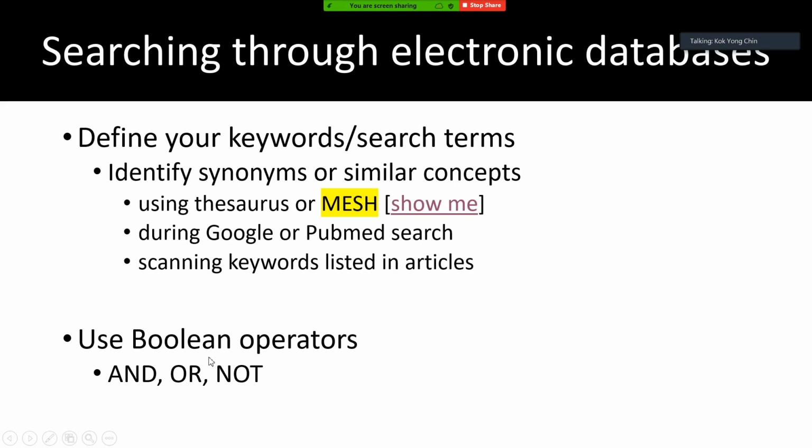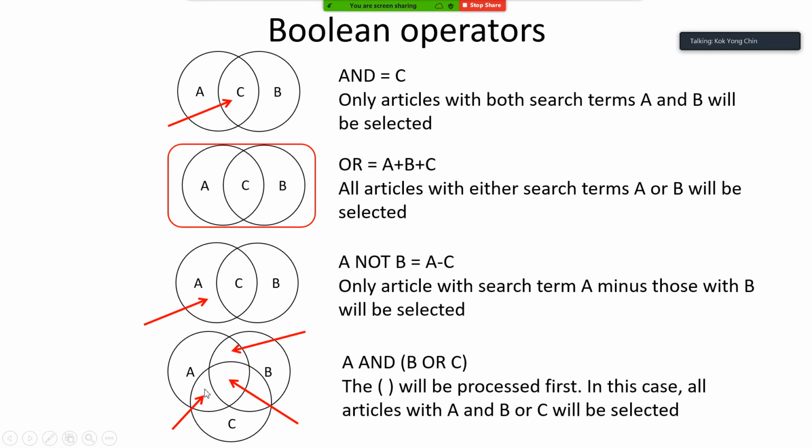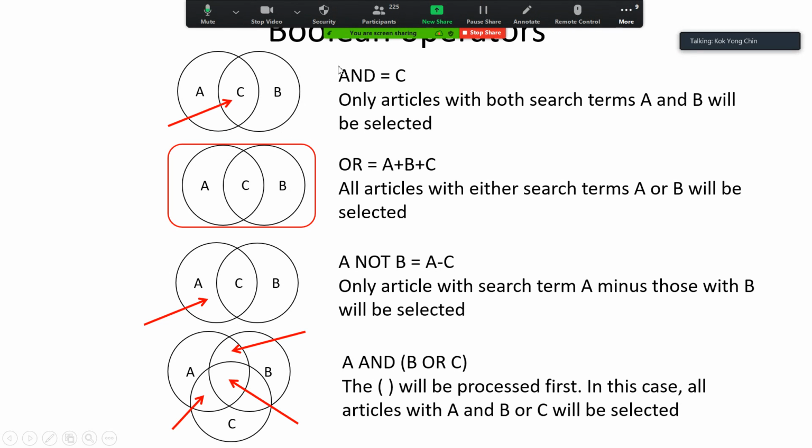to combine them with Boolean operators using AND, OR, NOT. Okay, and OR is a common one. Usually we don't use NOT. When you enter Boolean operators into your search, make sure that the whole word of AND, the whole word of OR is all capitalized.